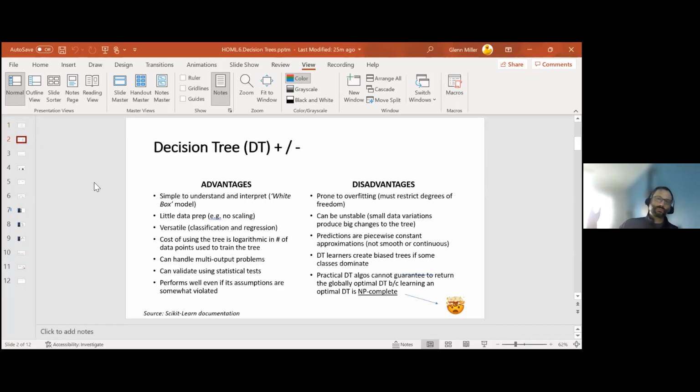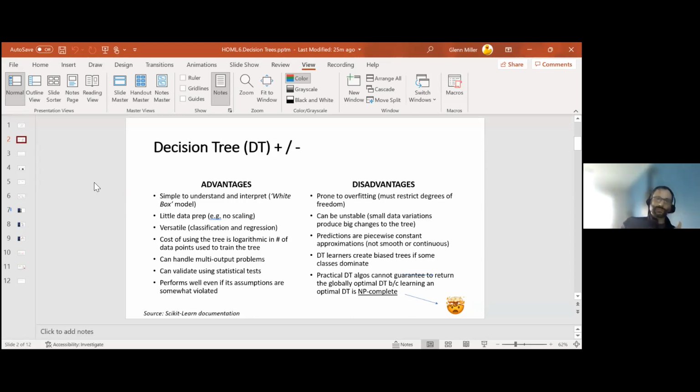So first, what is a decision tree and what are its advantages and disadvantages? Very simply, a decision tree takes a set of data and partitions it into nodes where you make very simple decisions throughout the nodes to get down to the different leaves.